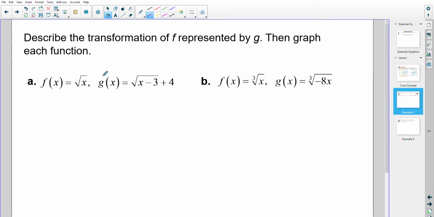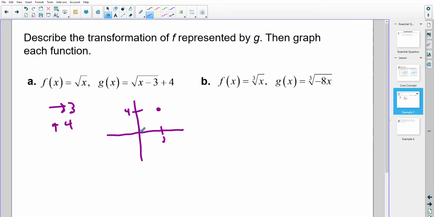Let's go ahead and graph a couple of these and talk about the transformations. This one is going to be to the right 3 and up 4, which means that we have a point that instead of it looking like this, it's now going to go 3 this way, 4 up, and that's going to be your starting point.